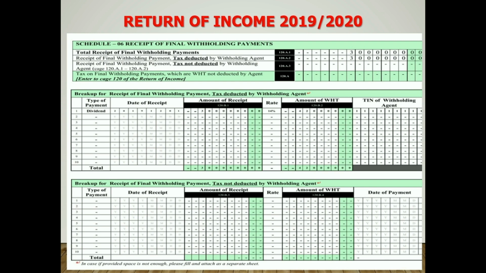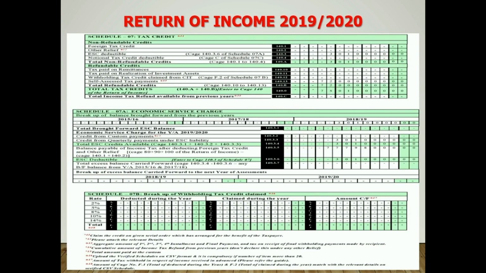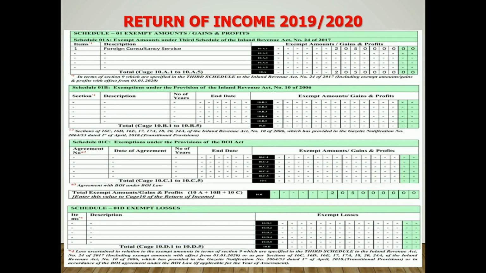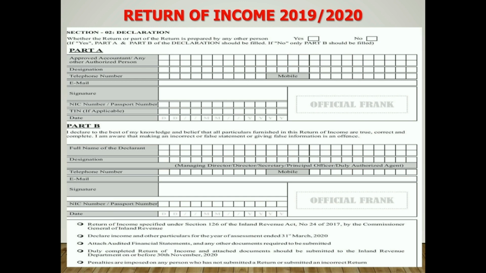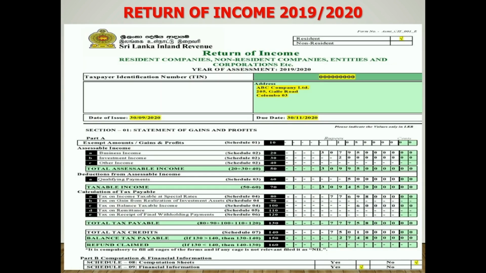So we'll see how you can fill the first page of the return. As you can see, up to page 140, all cases have been filled and the balance payable amount entered into page 150.